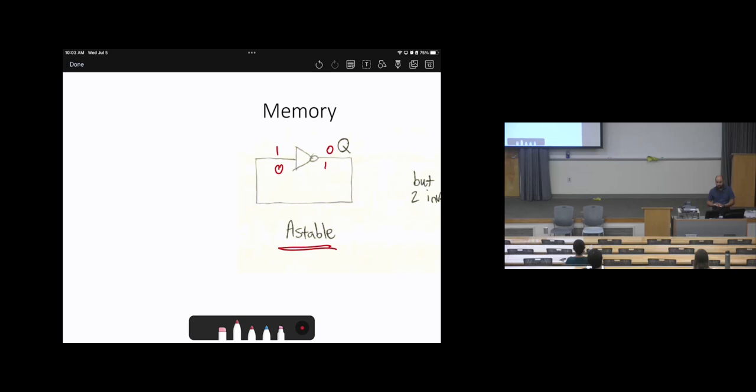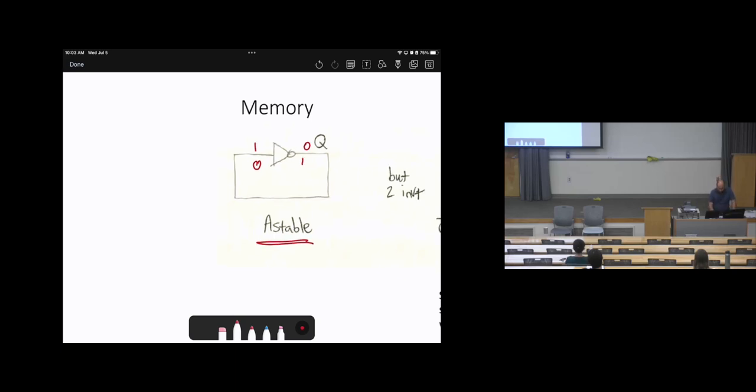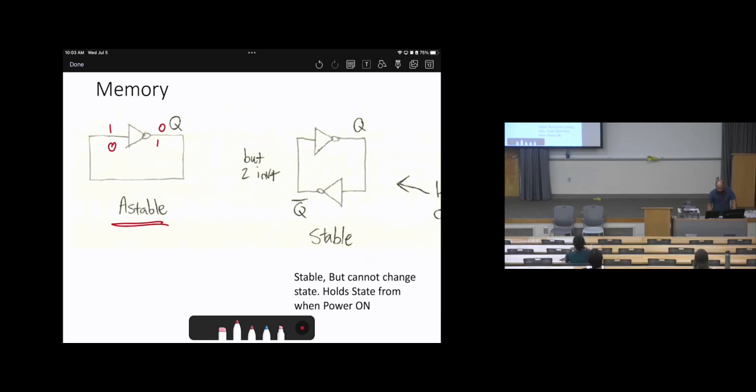Our target is to store the data and hold it without being changed. Therefore, we create another inverter, a feedback inverter. Then we can guarantee the output will be stored. Let's assume the initial output is 1. Here there is an inverter, so it will be 0. Then this 0 will become 1. So it will keep 1, it will not change, right? How about if we assume it is 0?